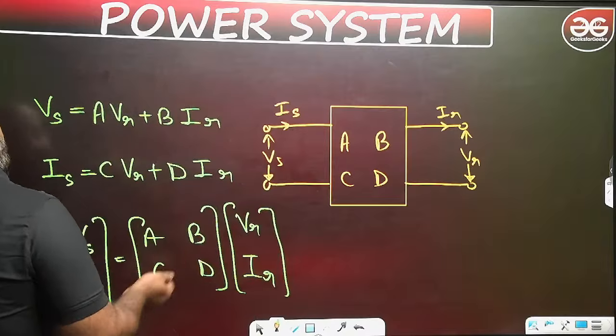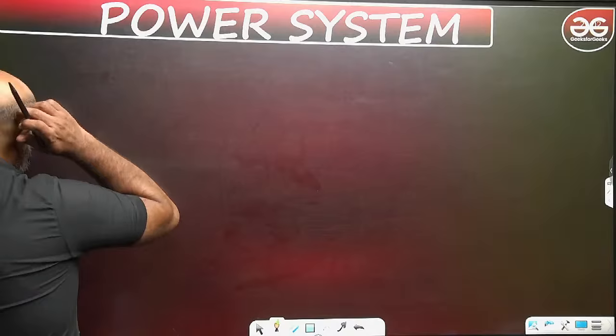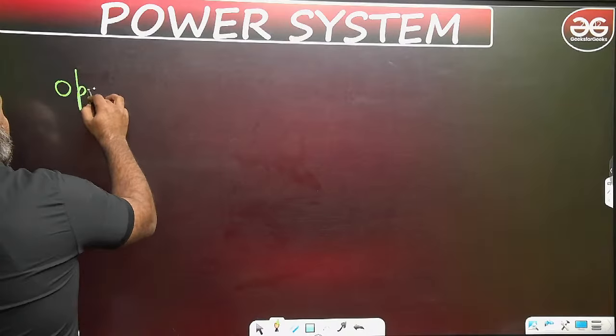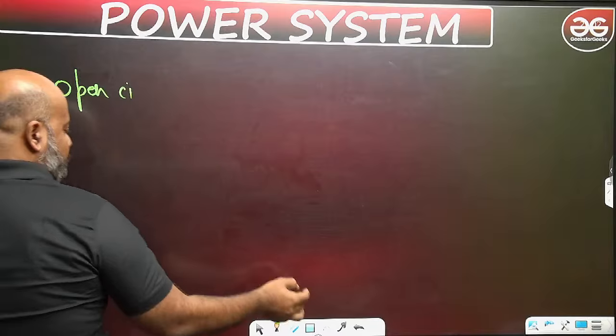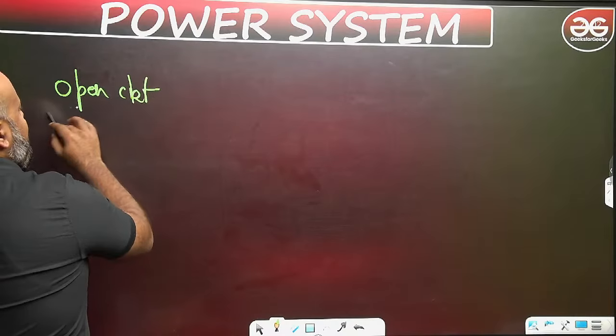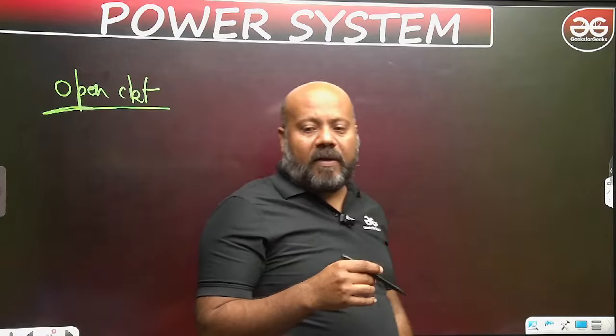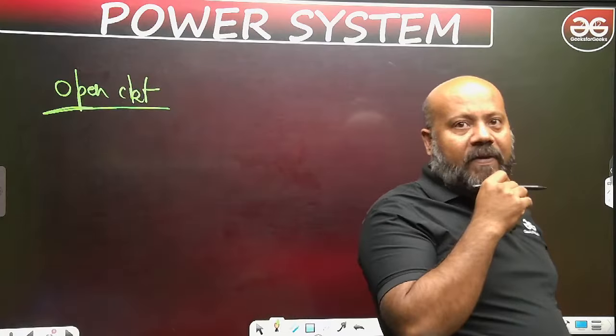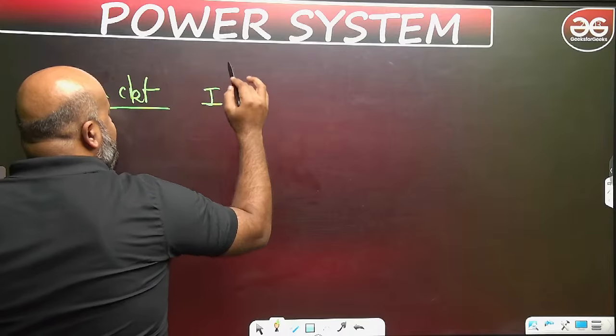To understand what this ABCD is, let us go for some basic conditions. One basic condition is open circuit. Open circuit means the receiving end is open, so there can be no current.